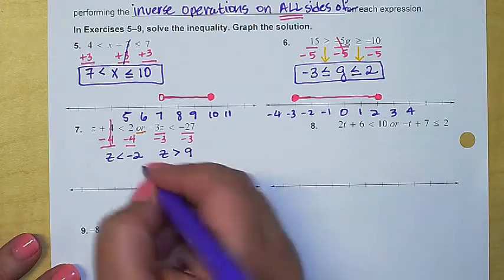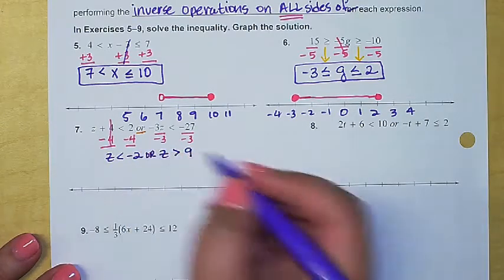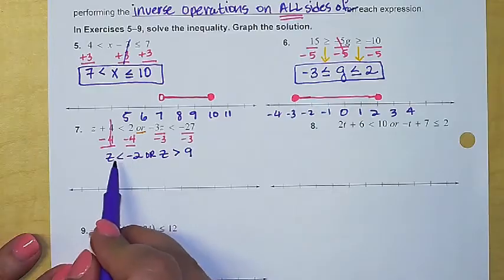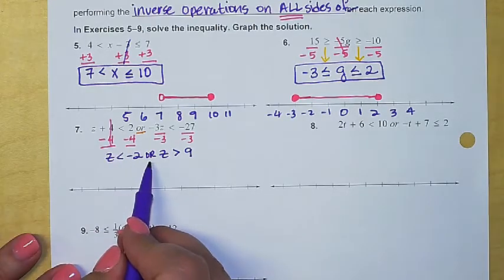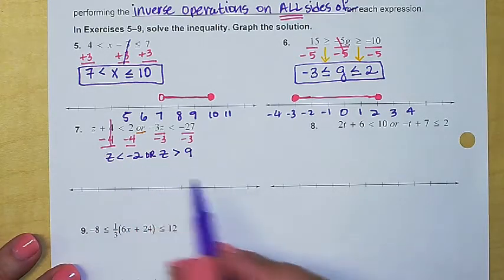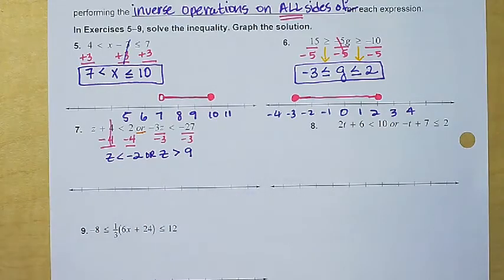Okay? And this is an or statement, so I want all of the values that are either less than -2 or greater than 9. And as long as it makes at least one of those true, I want to include it. So it's basically everything that makes one or the other. We're just going to graph both of these on the same number line is really the moral of the story.